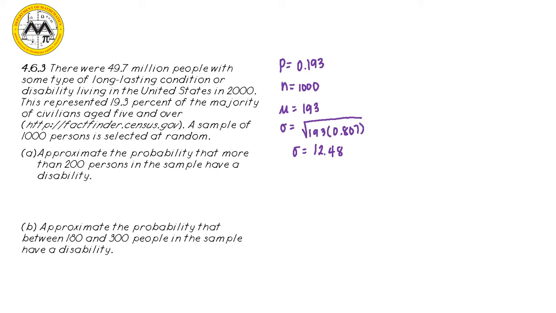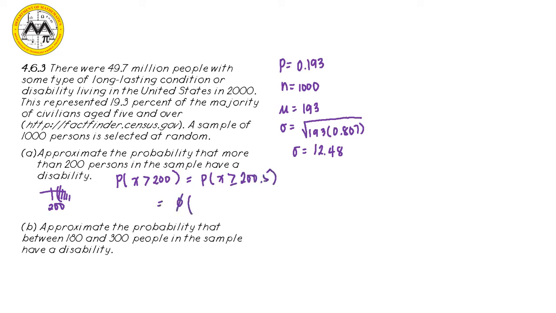Approximate the probability that more than 200 persons have a disability. So the probability of x greater than 200. If this is 200, more than 200, that would be the probability of x greater than or equal to 200.5.